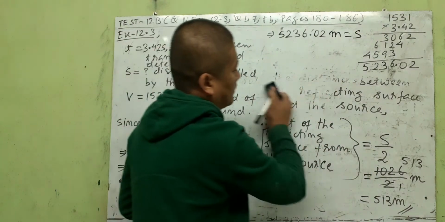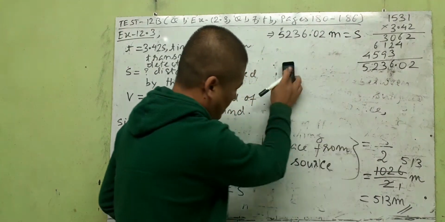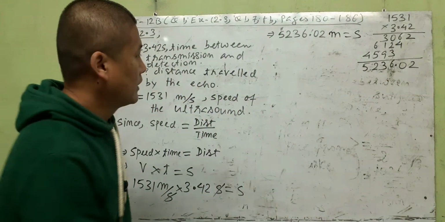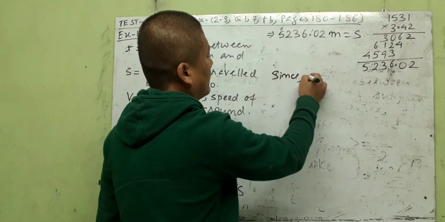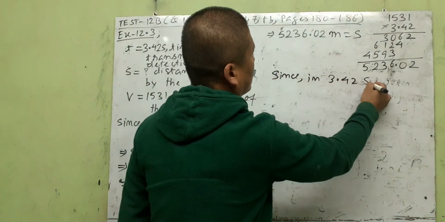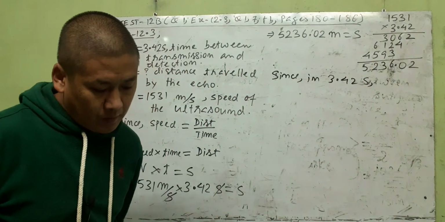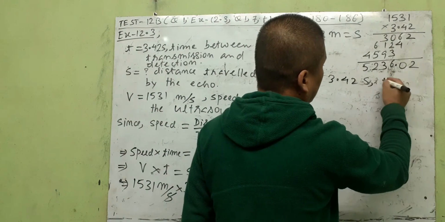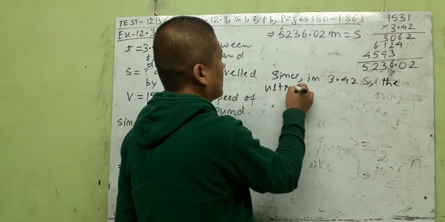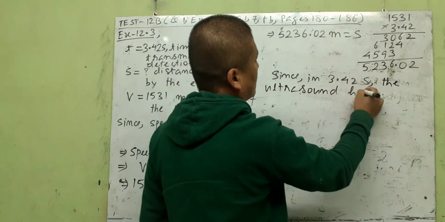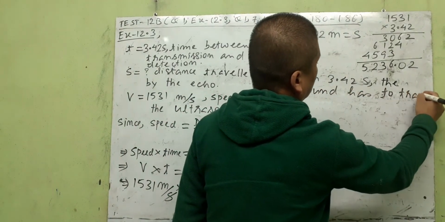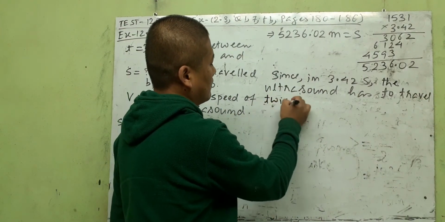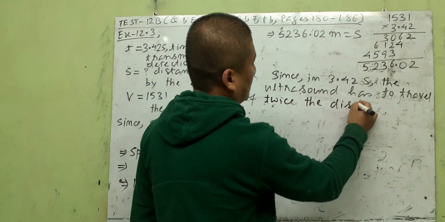So here, okay, just write down now, same type of numerical only, so we'll go by the same style. Since, according to the question, in 3.42 seconds, the ultrasound or echo has to travel twice the distance.